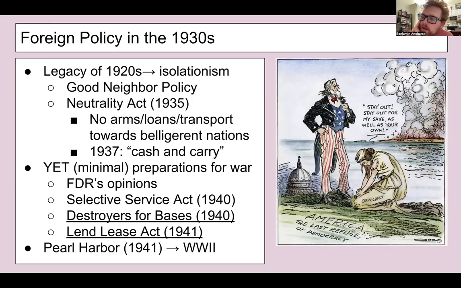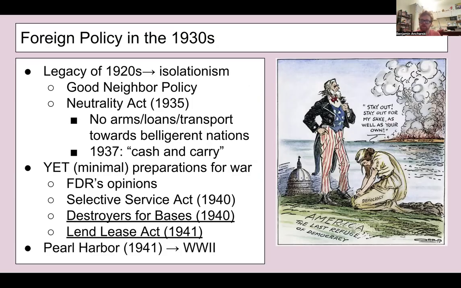By 1933, Hitler has taken over Germany. Mussolini is in charge of Italy, and then Japan is expanding into Manchuria and East Asia. And all of this is going on overseas, and Americans are a little bit skeptical and scared they might get sucked into those foreign affairs.